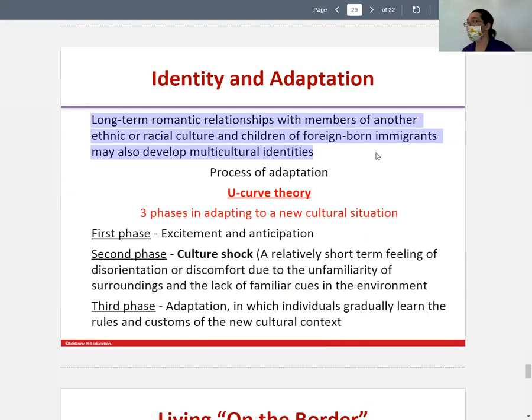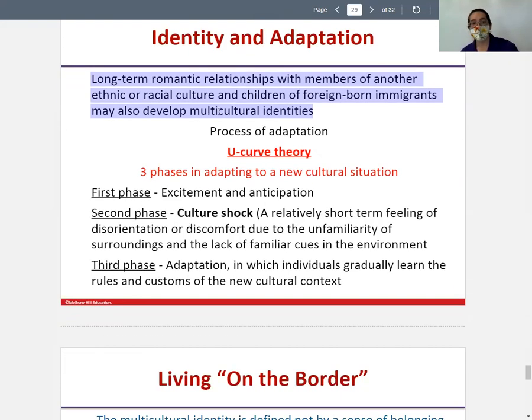But it takes time to develop. It's not an instantaneous thing of, oh, I did a presentation on China, so now I'm multicultural. That's a step in the right direction, but it's more than just learning. It's being exposed to and interacting with people from that culture. And then, of course, adaptation. So adapting to new cultures.